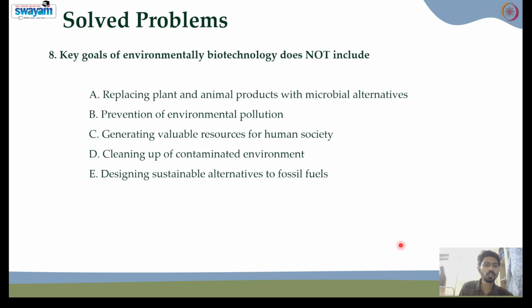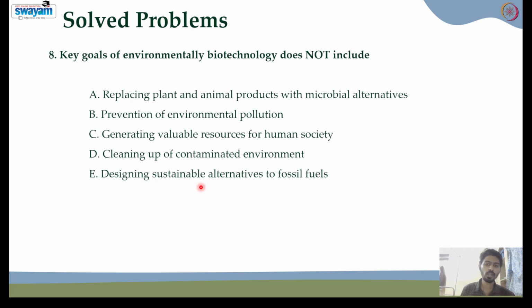So we will move on to the next question, which is: what is the key goal of environmental biotechnology, which does not include, I will repeat, key goal of environmental biotechnology does not include which of this? Replacing plant and animal products with microbial alternatives, prevention of environmental pollution, generating valuable resources for human society, cleaning up contaminated environment, designing sustainable alternatives to fossil fuels.